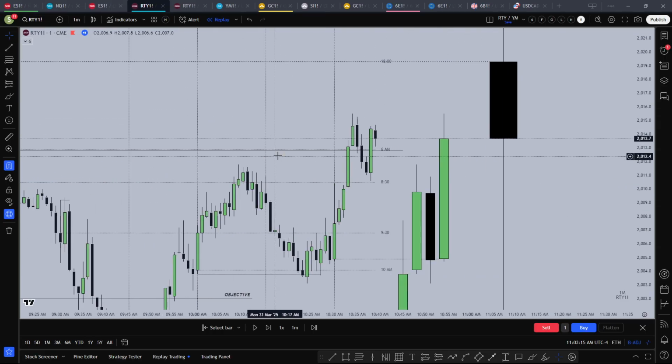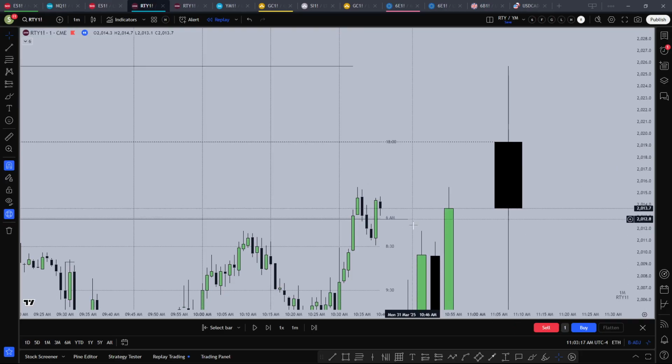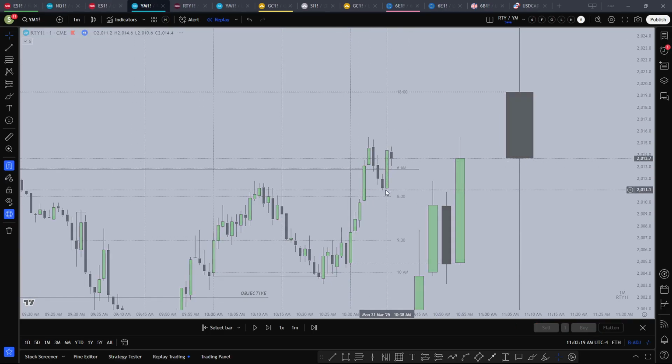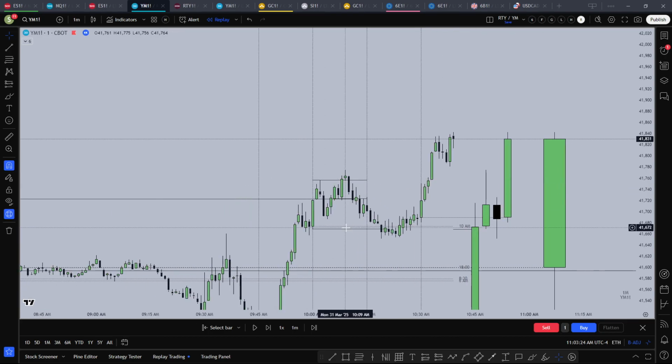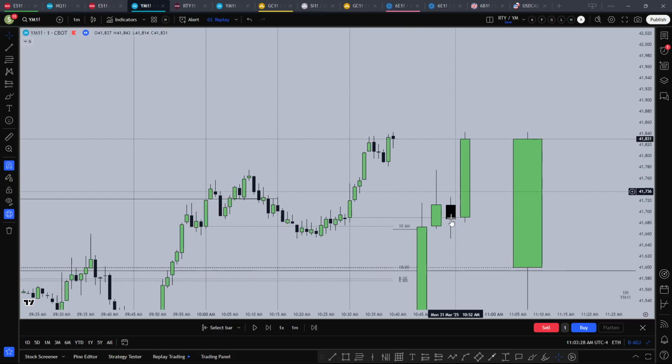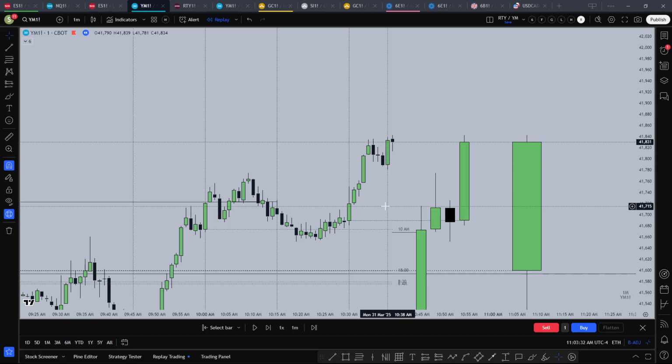Relevant swing. Why am I watching RTY? Why was it the stronger asset? I don't remember if I took even a long on this day. This looks like a true breakout, but I don't trust it that much.